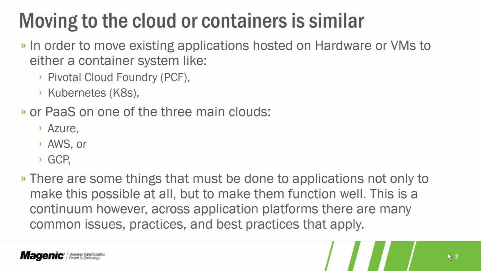So, for example, for Azure Platform as a Service, you might need some ARM templates to create and deploy infrastructure. For Pivotal Cloud Foundry, you might need a manifest and some other files that define the behavior of your deployables in Pivotal Cloud Foundry.